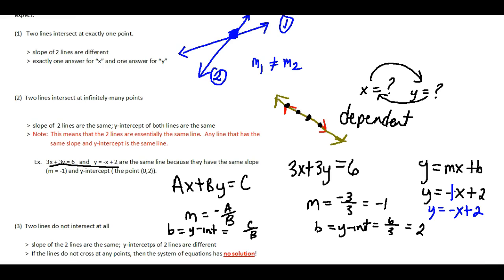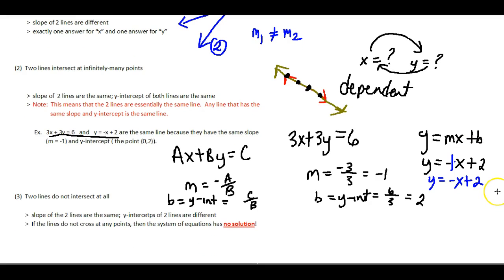So case number 3 is when the lines do not intersect at all. So when we have a situation like that, essentially what is happening is that the lines are parallel to one another. So we would have a line that will do like this, and then another one that would be parallel to it. Of course, in this case, the slopes are the same, but their y-intercepts are different.